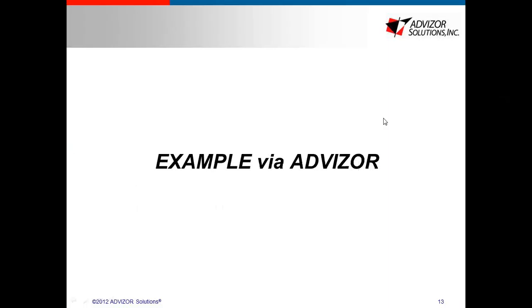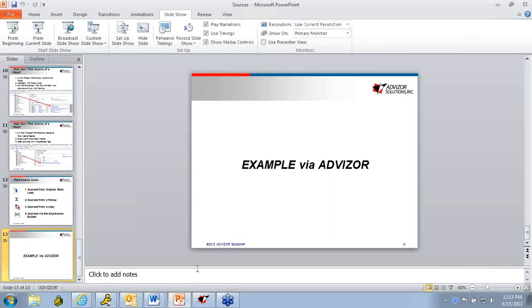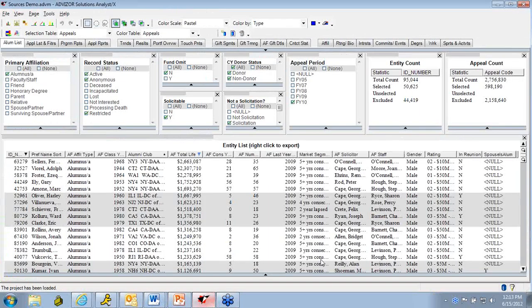So what I'm going to do right now, I know I've covered a bunch of icons and a bunch of information, but I'm going to show you within the software how I might look at a field and try to find out where the field actually came from. So let me go into the advisor software.